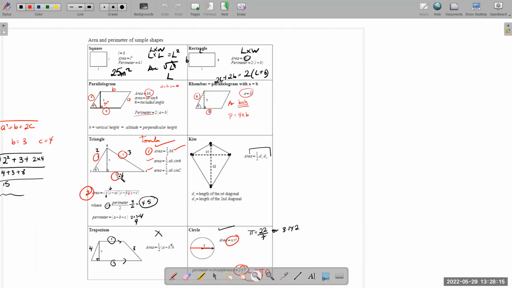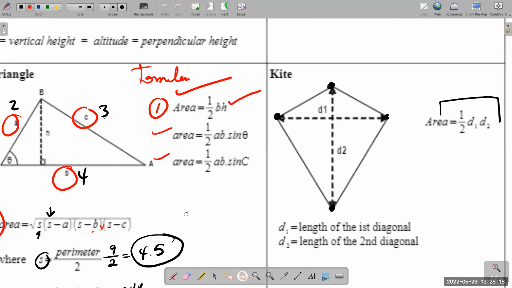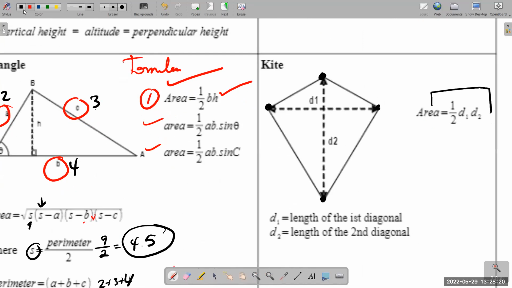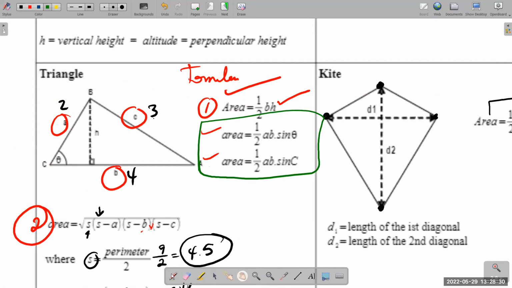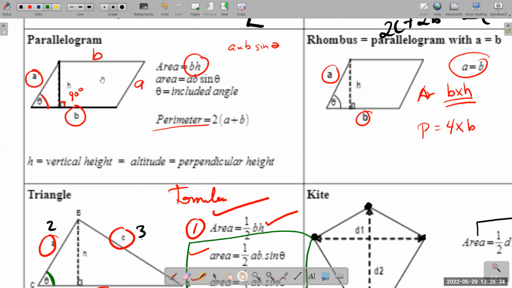We spoke about 2, we forgot about the last one. The second formula here, let me highlight it in green. These 2 are the same thing. Half a b, which is the sides, and the angle in between them, sine C. This is very similar to the parallelogram. Yeah, realize to find the area?